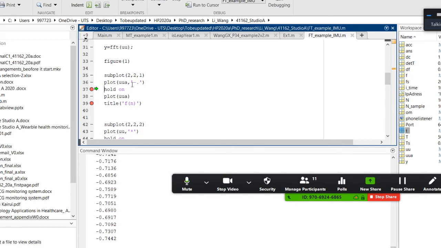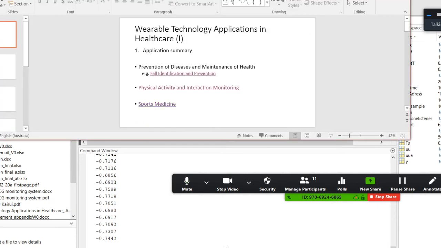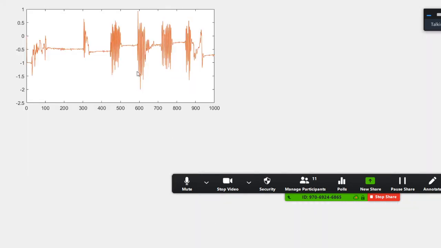If you do not tell what type to use, it just draws a continuous line. So they connect them again. This is what we measured.